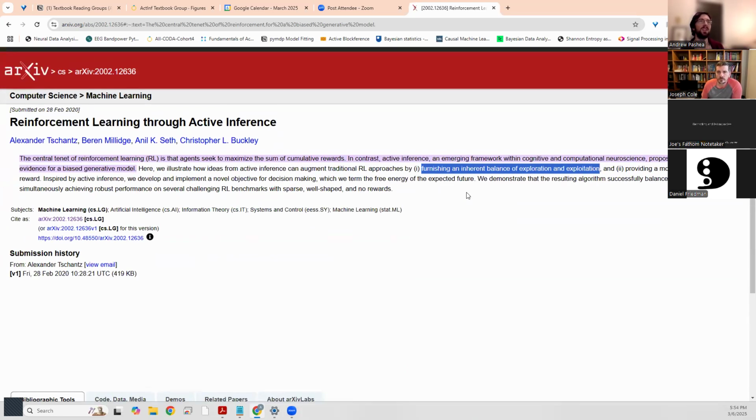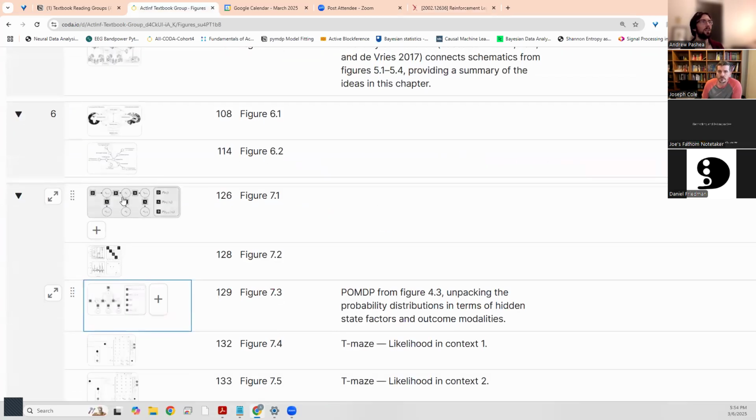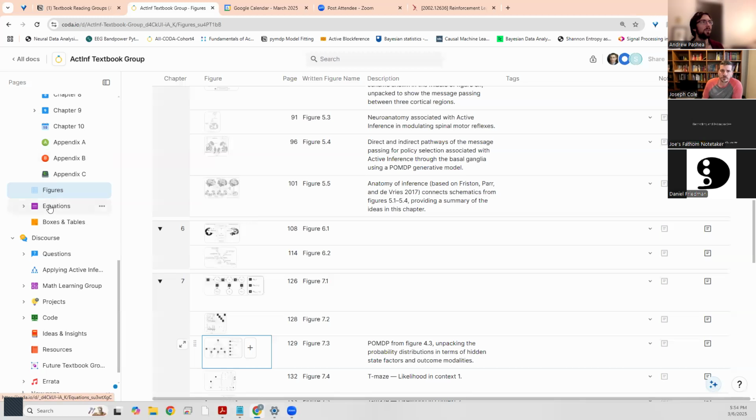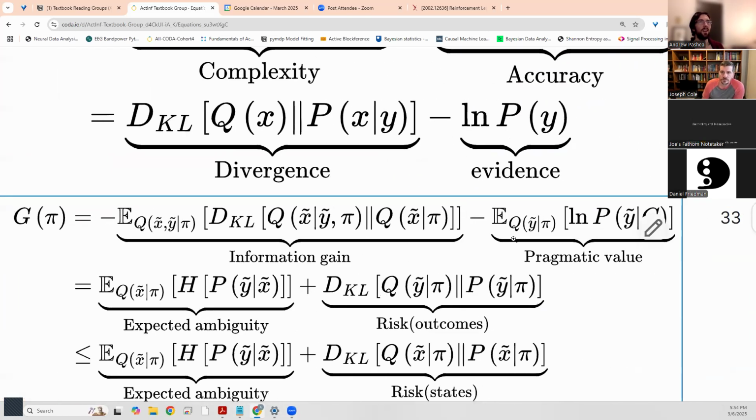A lot of people point that out, that they find a lot more credibility in the notion that these agents, because of G, are naturally, internally, architecturally incentivized to seek out more information.